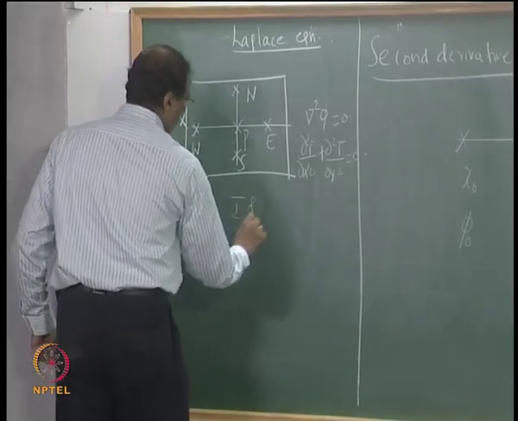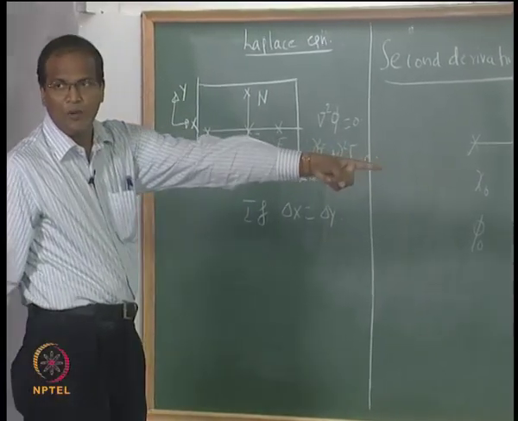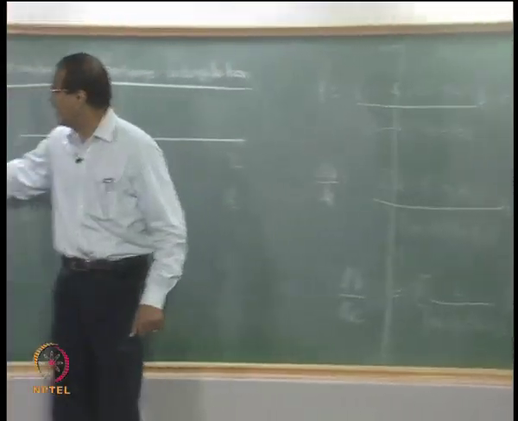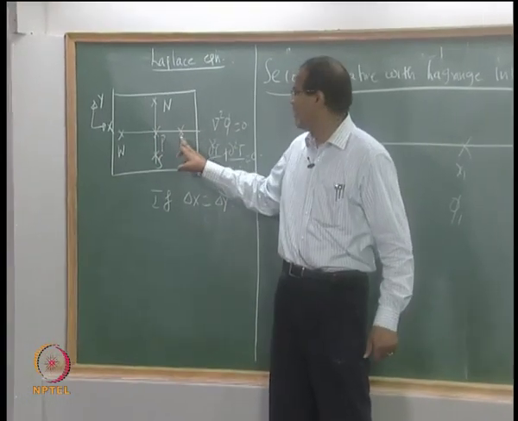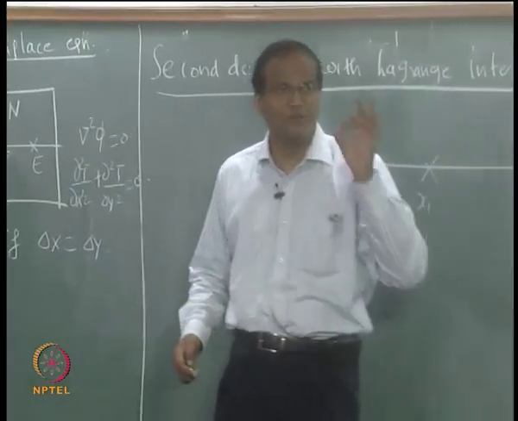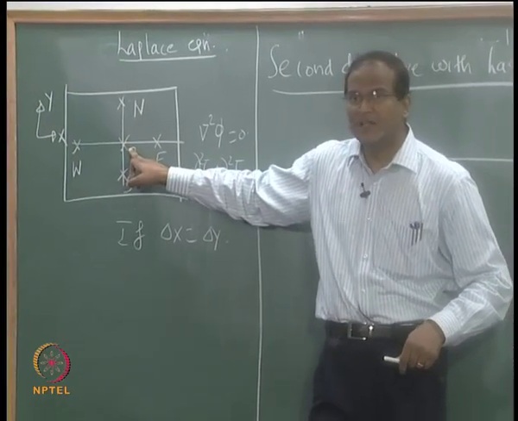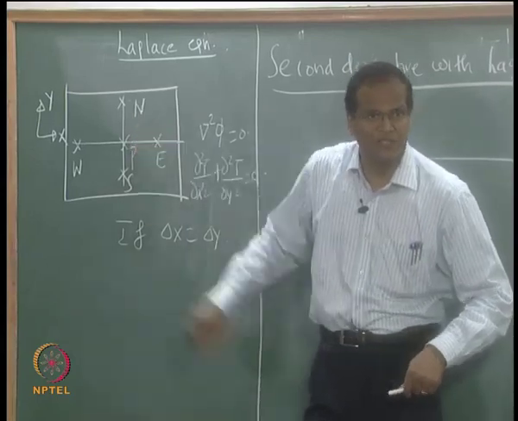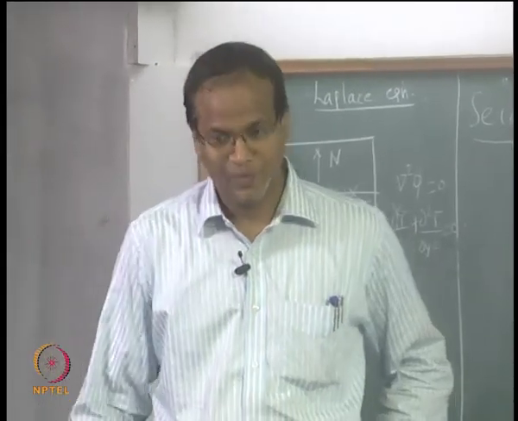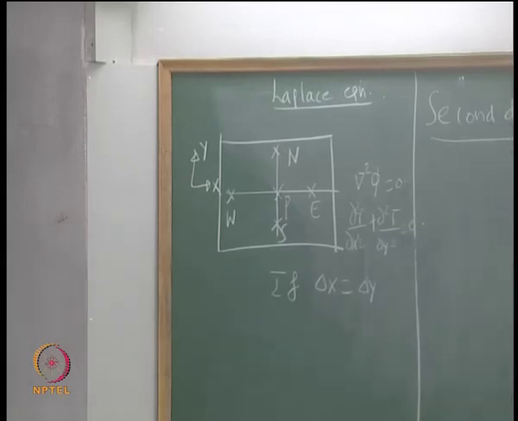If delta x equal to delta y, using the Lagrange interpolating formula, it is possible for you to get the second derivative and write the second derivative at P in terms of the values at east and west, if you are considering d squared phi by dx squared. By the same token, it is possible for you to write the second derivative at P, that is d squared phi by dy squared, in terms of north and south. If you simplify, you will get an amazing result. Please do that. You will get an amazing result if delta x equal to delta y.